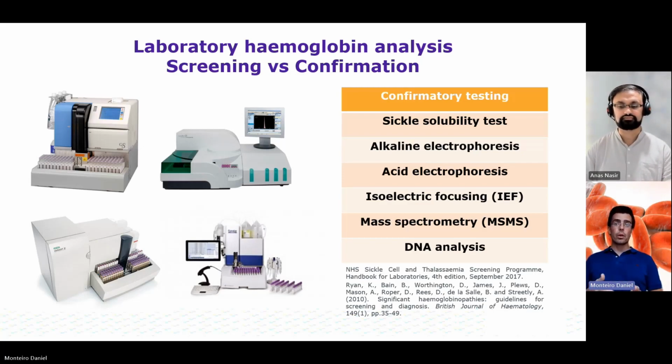That is absolutely necessary because there are more than 1,300 hemoglobin variants described, and they can be anywhere, even in the same places where other hemoglobin variants appear. So you need a second test to make sure what you've seen on the first test is actually correct.